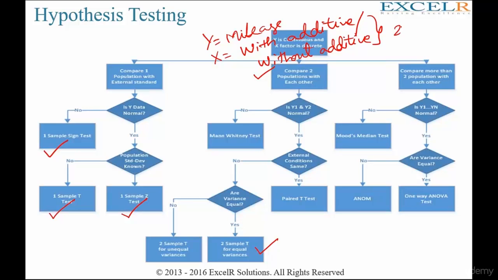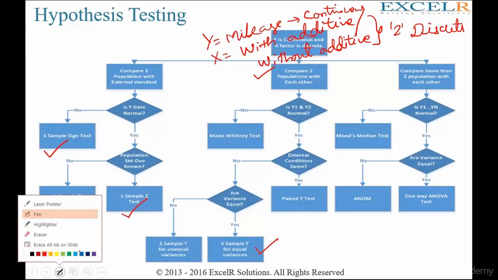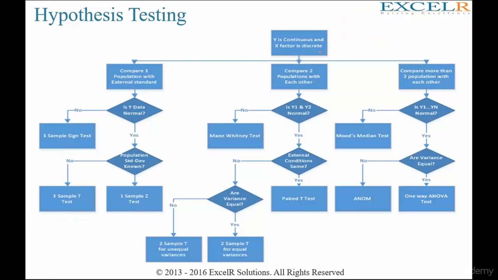These are two discrete events, and mileage would obviously be continuous, right? If the output variable is continuous and the input variable is discrete in two categories, then we need to traverse this path. We are comparing mileage with additive and mileage without additive.